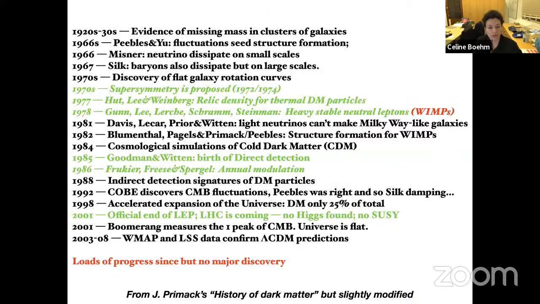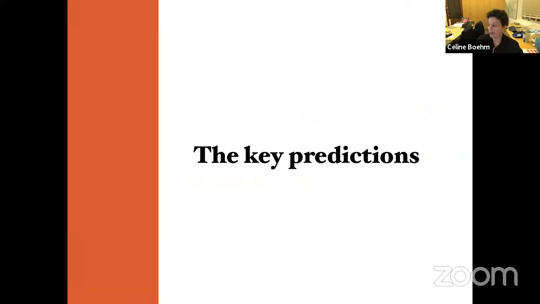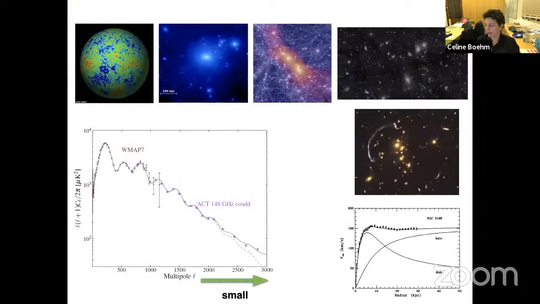More details and references are here, and maybe I'll finish on that slide. Just to remind you of all the evidence: when I told you the CMB provides evidence for dark matter, it's not just the CMB. We also see galaxies with halos, we see lensing, we see filaments.